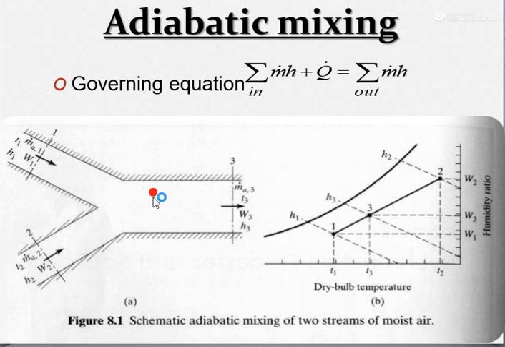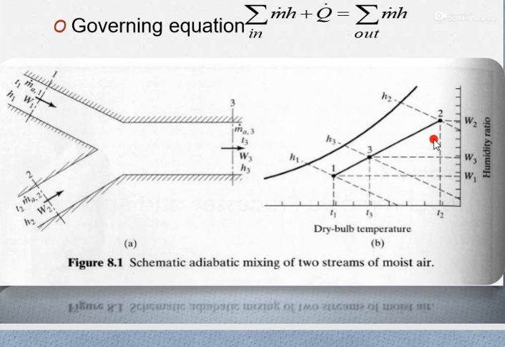So obviously the mass at point number 3 will be M1 plus M2. Also humidity will be changed, enthalpy will be changed. So in this case we can see that at point number 1 this condition is given: humidity W1, dry bulb temperature T1. At point number 2, humidity W2, enthalpy H2 and dry bulb temperature T2.